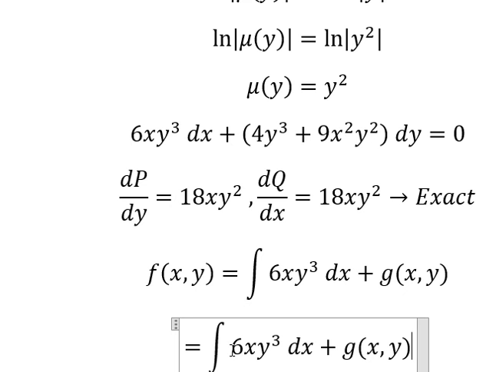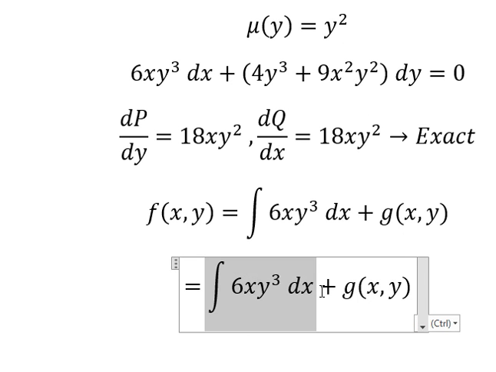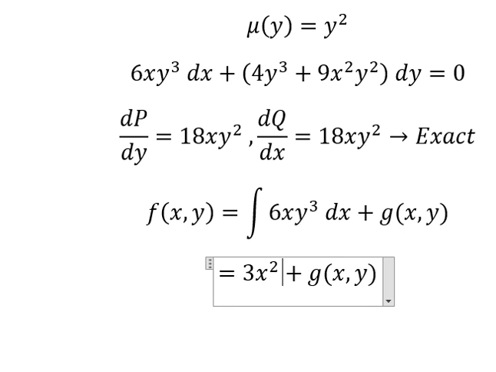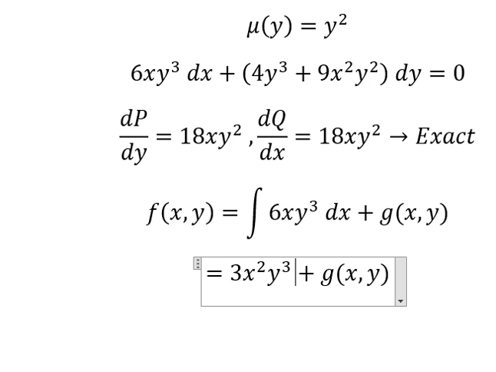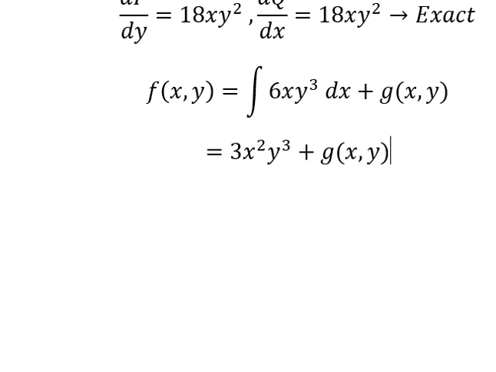Next, the integration of 6s, we have 3s squared y to the power of 3. Next, we need to do the first derivative of the function with respect to y for both sides.